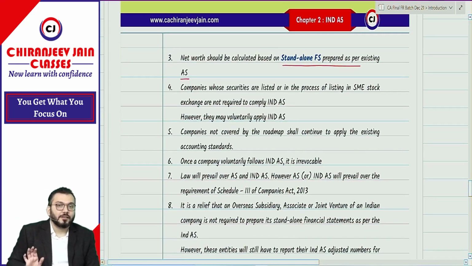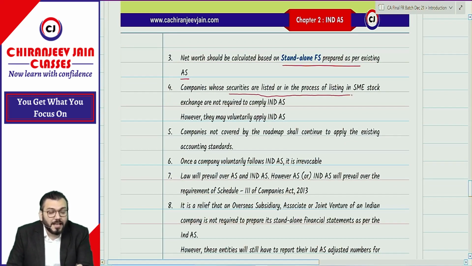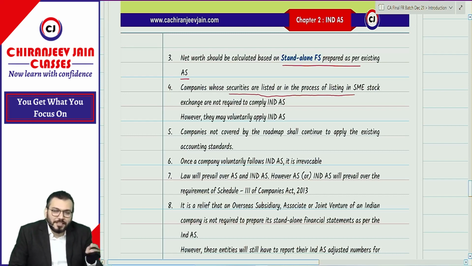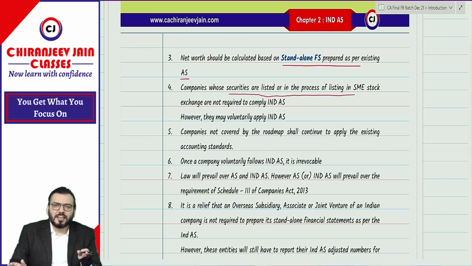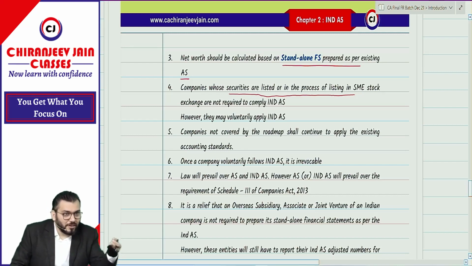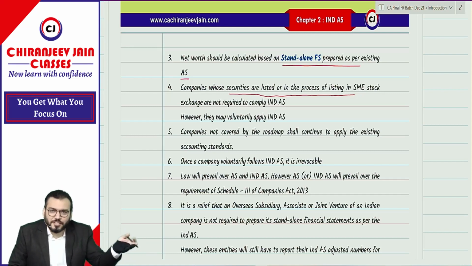Then companies whose securities are listed or in the process of listing on an SME stock exchange. SME means small and medium stock exchange. There are many stock exchanges in India, for example the National Stock Exchange, Bombay Stock Exchange, and others like the Kolkata Stock Exchange, Hyderabad Stock Exchange, which now does not exist, and the Ahmedabad Stock Exchange.